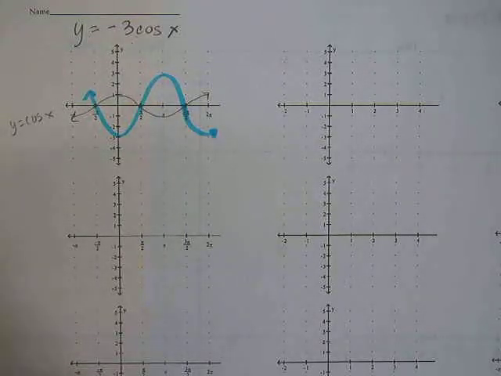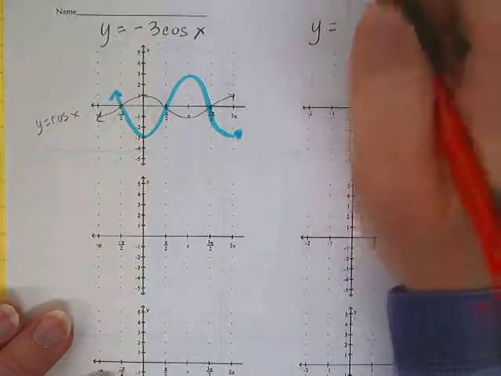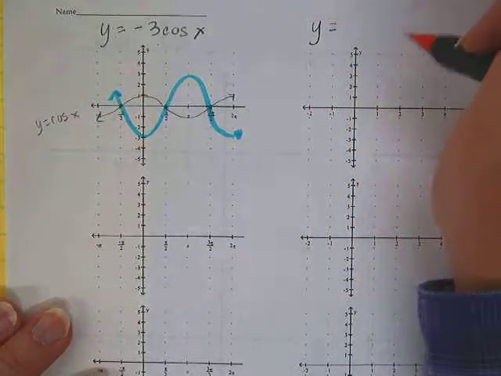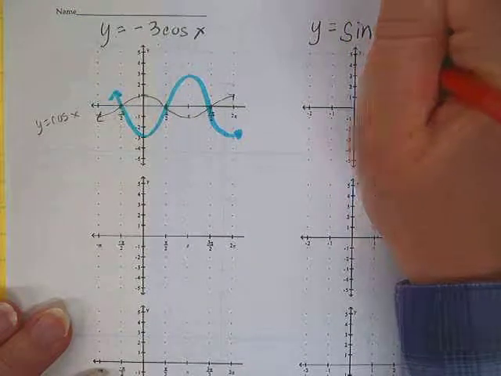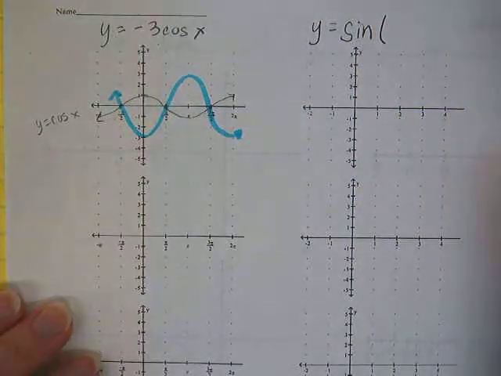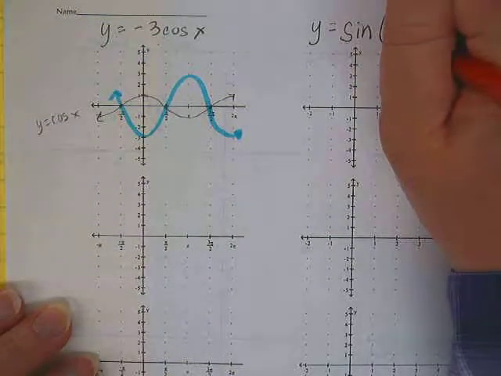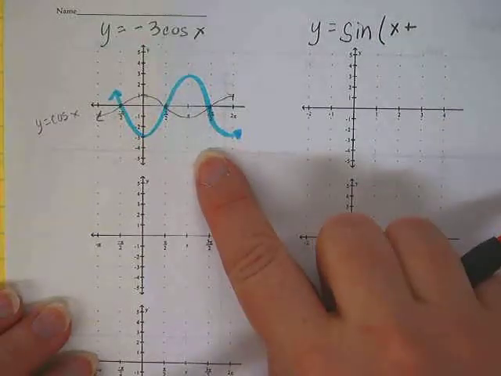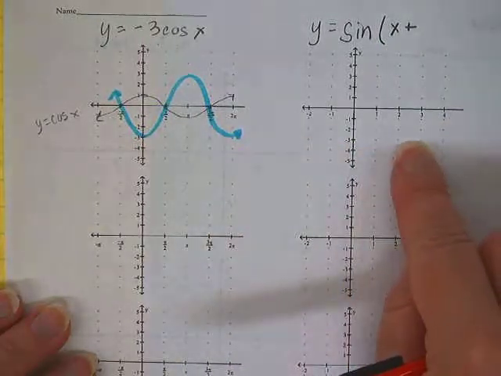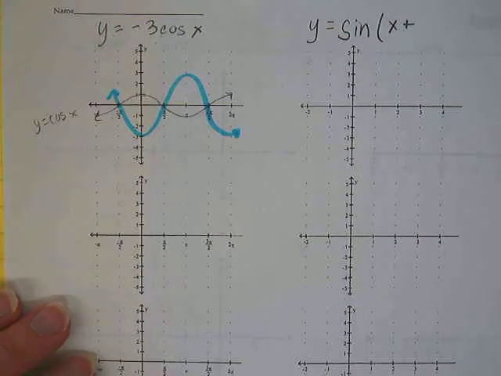The hard ones are the phase shifts. So on your assignment you would have had some phase shifts. Let's start with a really interesting phase shift. Let's do y equals the sine of x plus... Oh, and see how some of the graphs I labeled with pi's and some of them I just put numbers?